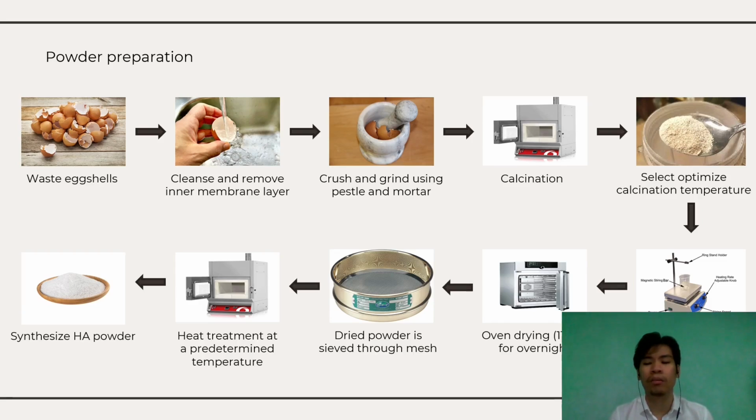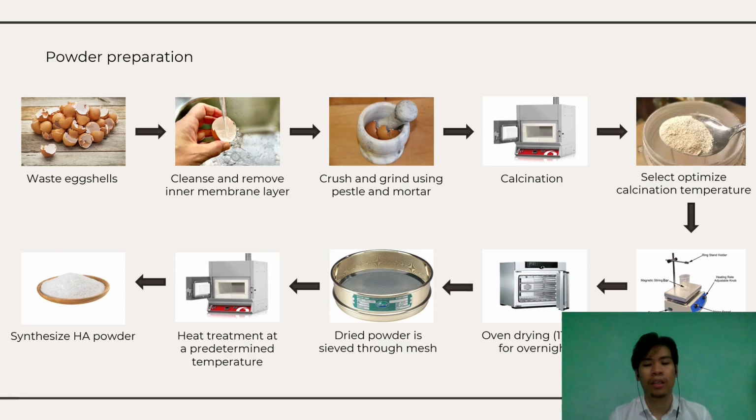The mixture then will be subjected to mixing under magnetic stirring with ethanol as a solvent at a speed of 400 rpm and various stirring times of 1, 3, and 5 hours.